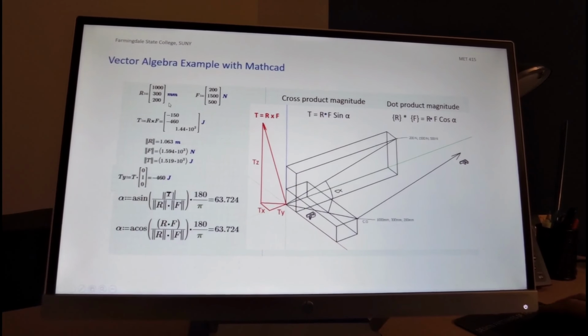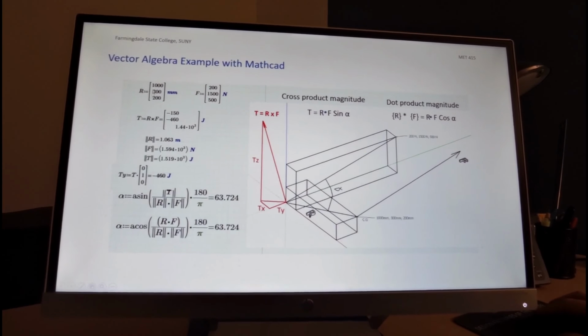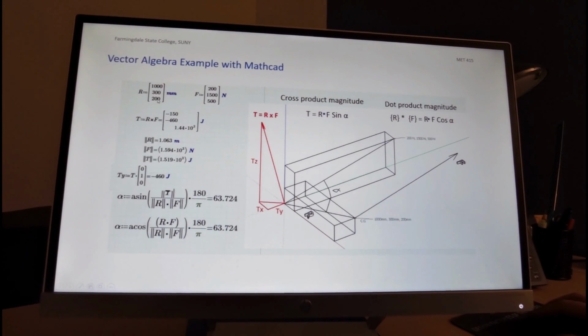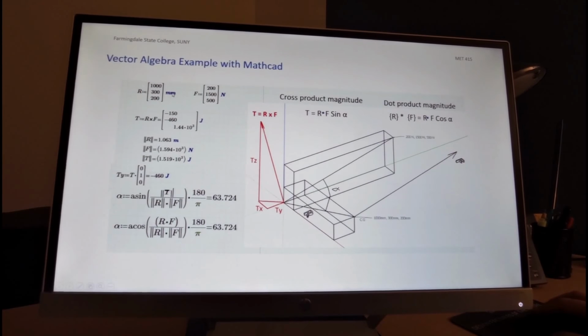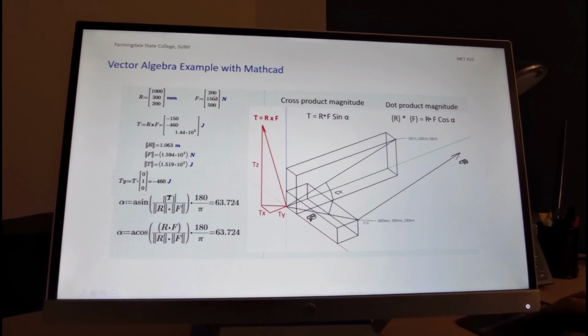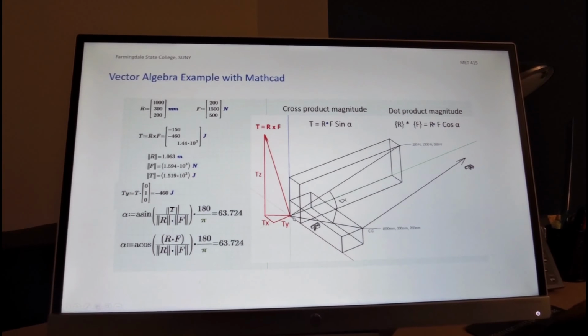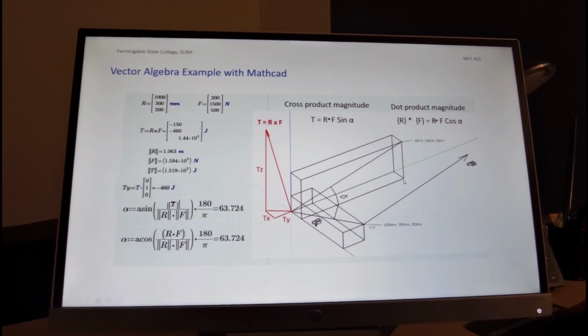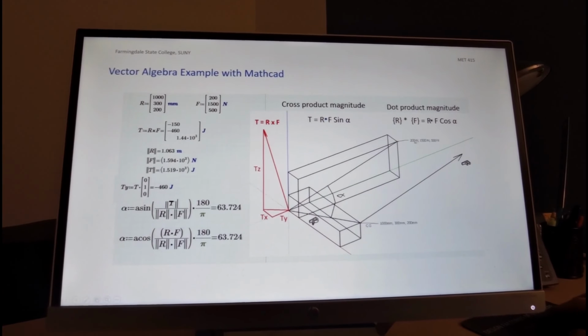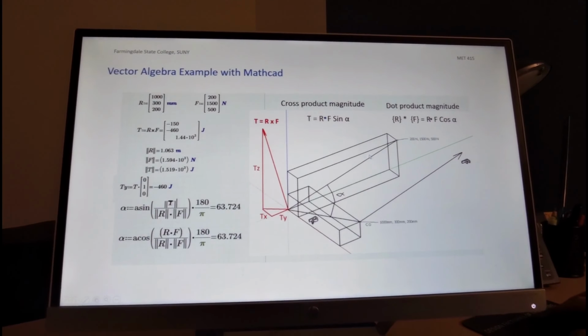To see how Mathcad is handling the cross product, we have R over here defining the components in millimeters. We put the units. We have over here the force in newtons. This particular one was 200, 1,500, and 500 based on the scale.